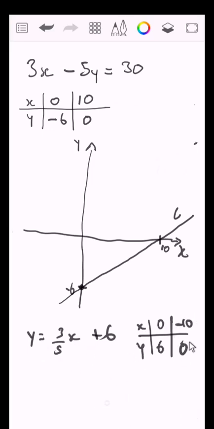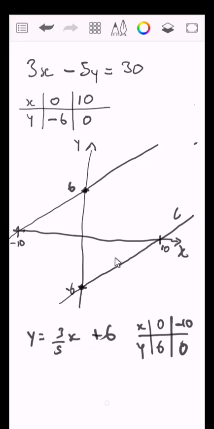So to plot and draw our line, where do we stand? When x is 0, y is 6, so here at 6 we have our first point. Then when x is minus 10, y is 0, so we have this line here.